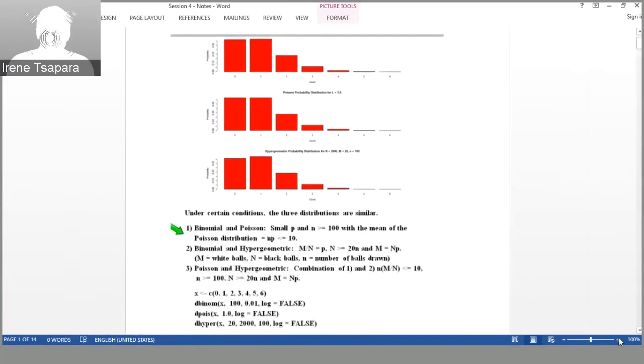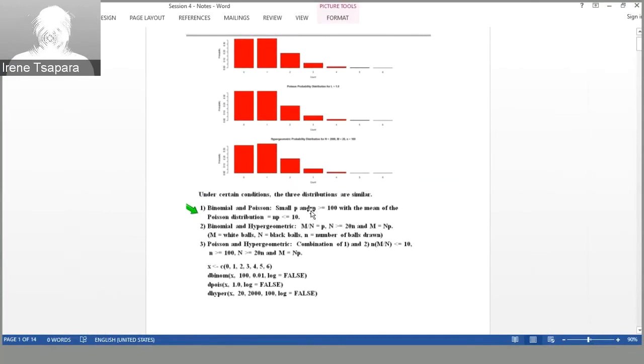It's not very clear. The n is greater than 100, and the p is 0.1. So when the p is very small and the n is big, then all the three different distributions are very similar.